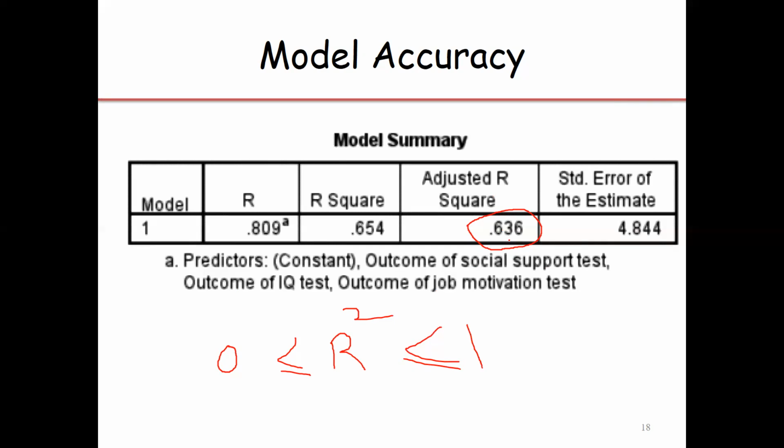These three variables help in predicting job performance by 63.6%. And the remaining 27% of the variation in job performance is due to the error. That is what adjusted R square indicates.